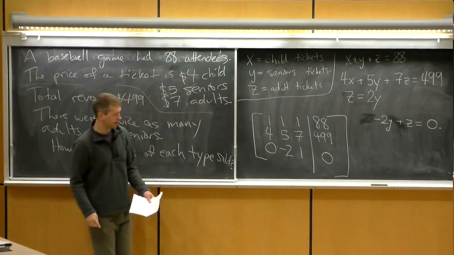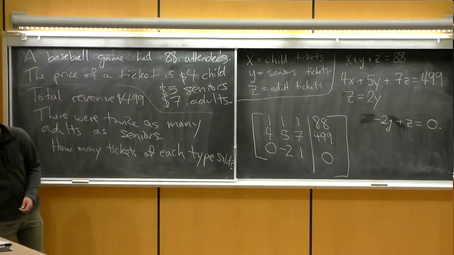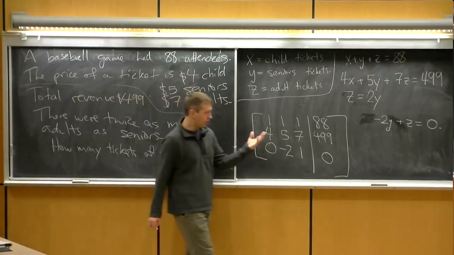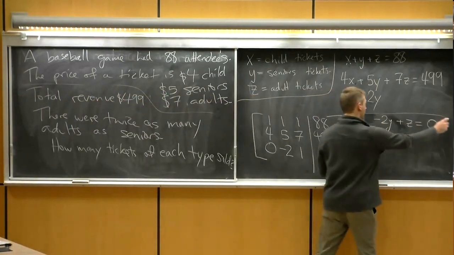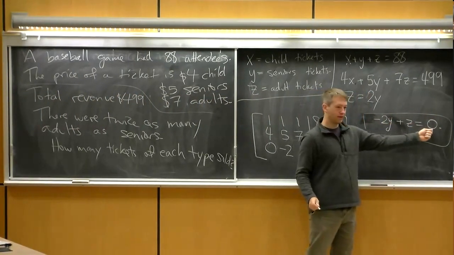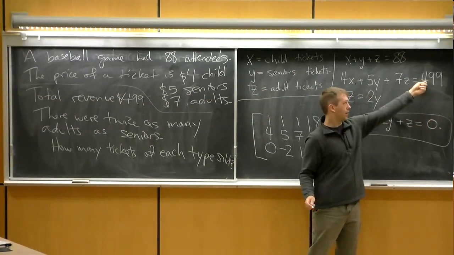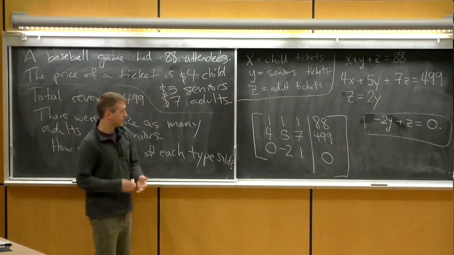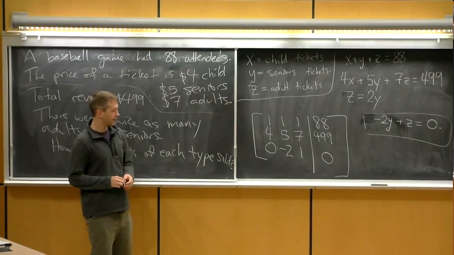And now I can put it into my matrix. Okay. So note that you always want to have your equations written with all the variables on one side and all the numbers like 499 or 0 or 88 on the other side, right?